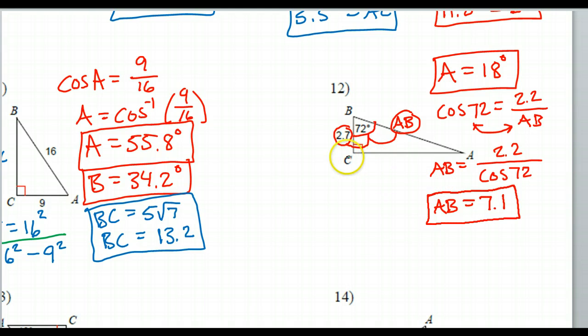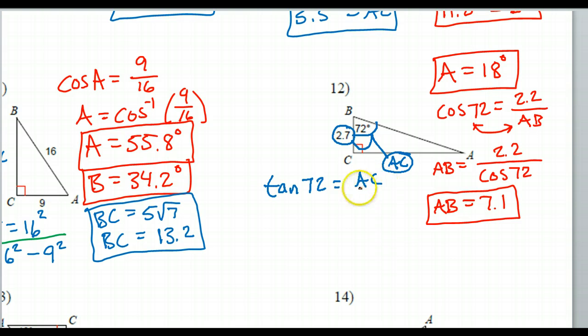Okay, so now we just have to find AC. So here is AC. Looking at the 72 and the 2.7 and the AC, this is opposite and adjacent. So that is the tangent function. So we will do tangent 72 is equal to opposite over adjacent.